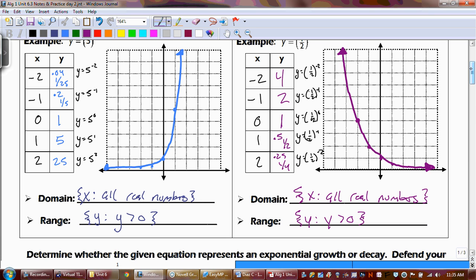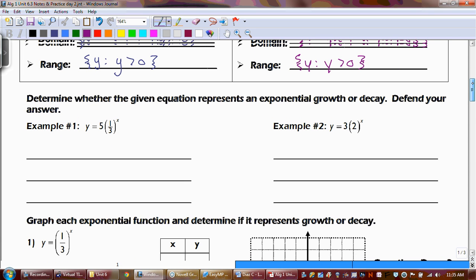All right, so let's take a look. Determine whether the given equation represents an exponential growth or decay. Defend your answer. You might say, Mr. Grice, I really don't know the difference because there's no graph. Well, there's a way to tell. You look at the base. The base is the thing that tells us.